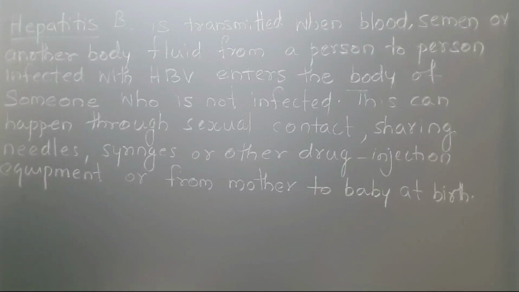When an infected person's blood, semen, or any other body fluid enters a non-infected person, then that person will get hepatitis B. This can happen through sexual contact also, sharing needles, syringes, or other drug injection equipment.